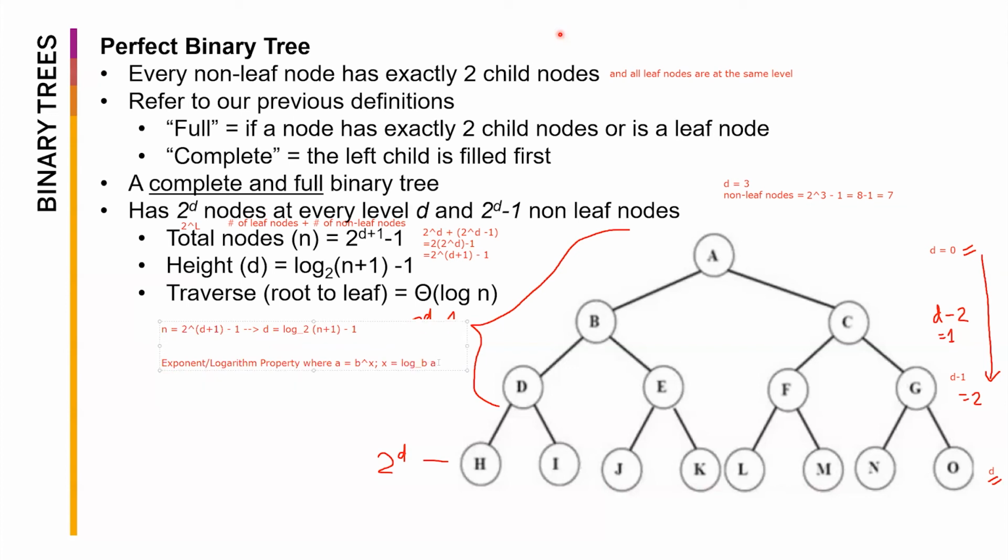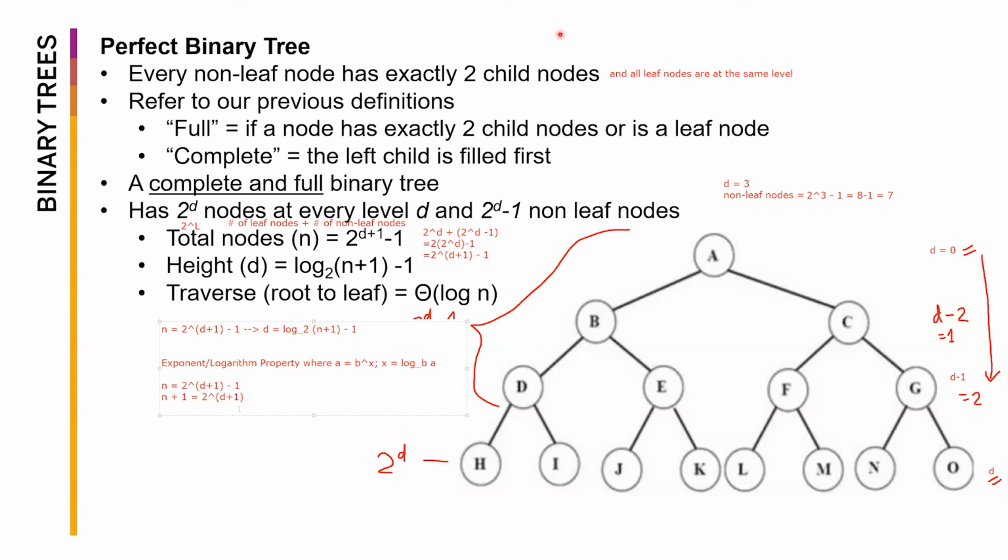So transforming it, from n equals 2 raised to d plus 1 minus 1, we move the minus 1, so n plus 1 equals 2 raised to d plus 1. We take the logarithm of the 2, or we basically just use this property.